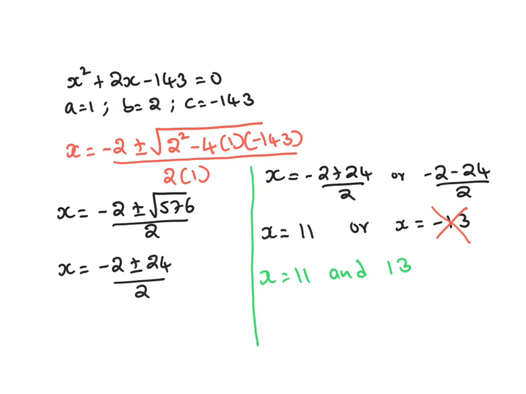You can verify this very easily. 11 squared plus 13 squared, you will land up with 290, which is the case. Great. Reduce it into a quadratic equation, apply the quadratic formula, and get the answer. Excellent going.